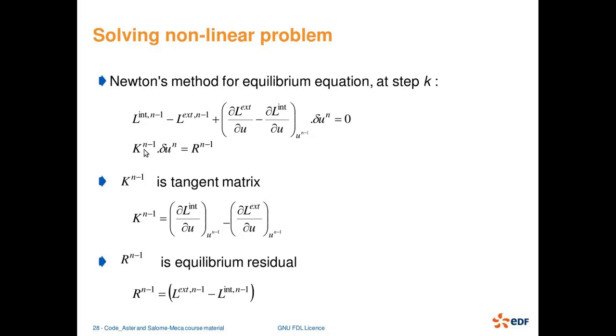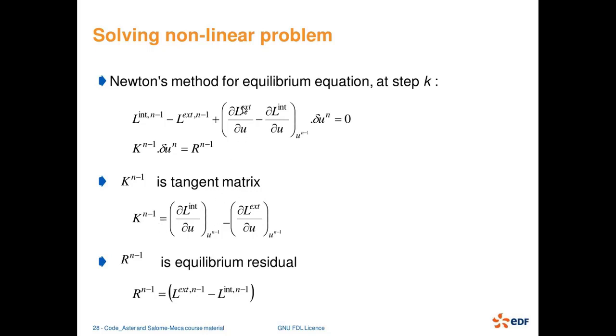And therefore I can express this as the residual in the previous step, that means the error in equilibrium. So the difference between the internal and external load in the previous step is a residual or error. That is expressed as the stiffness matrix at the previous step n minus 1 times the incremental deformation. And this matrix is called a tangent matrix. We will see the graphical meaning of it a little later.